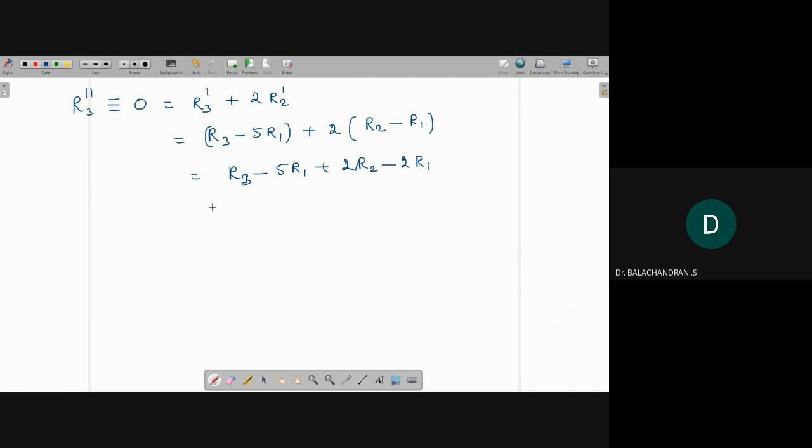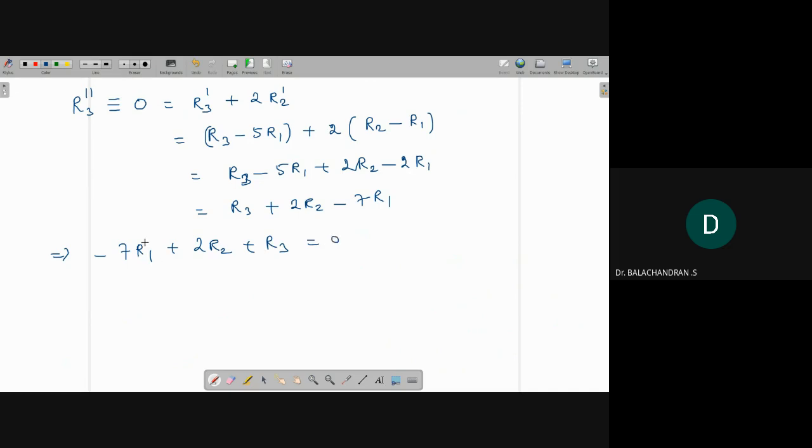So this is equal to R3 plus 2R2 minus 7R1. Or you can write minus 7R1 plus 2R2 plus R3 equal to 0.